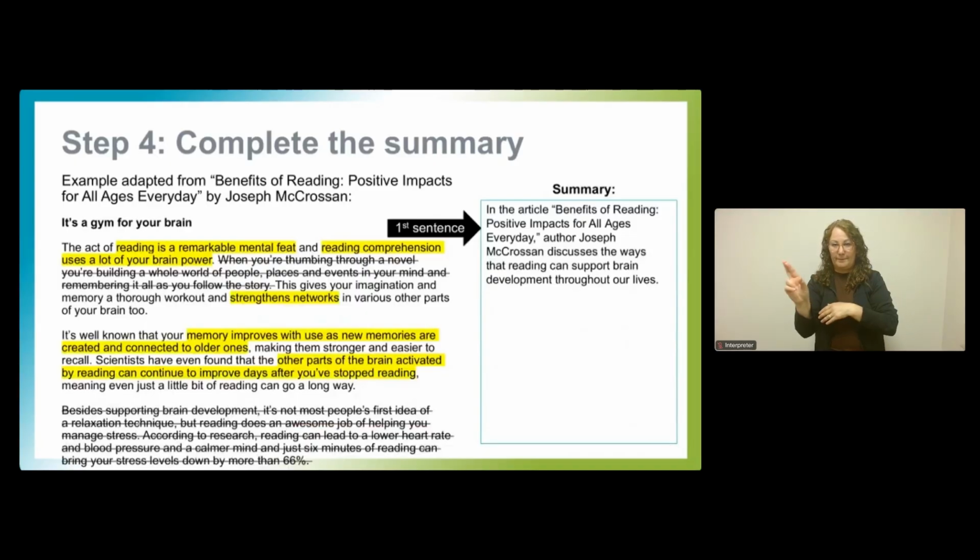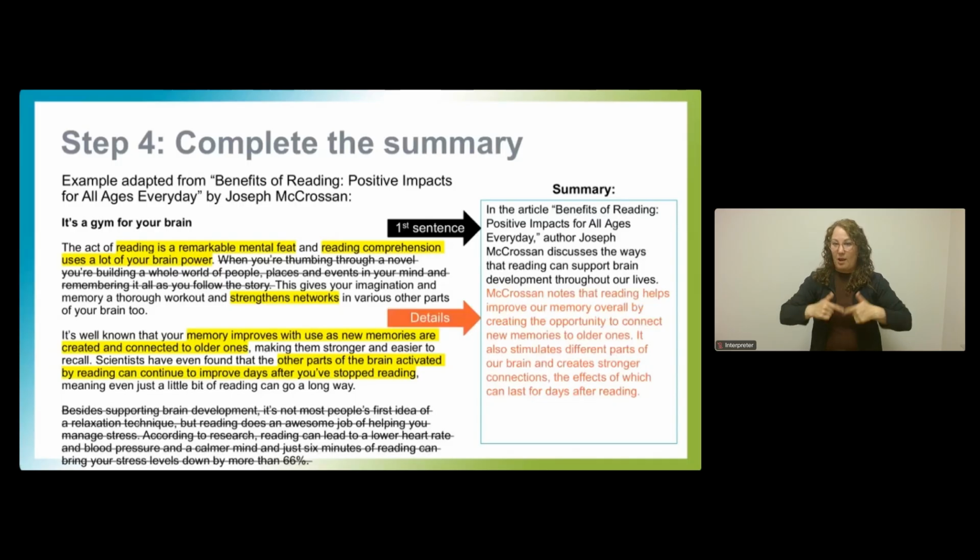And we've already seen the introduction. So the first sentence, again, in the article, Benefits of Reading, Positive Impacts for All Ages Every Day, author Joseph McCrosen discusses the ways that reading can support brain development throughout our lives. So what comes next? Now we need to include those important details that we highlighted earlier. So it might sound something like this.